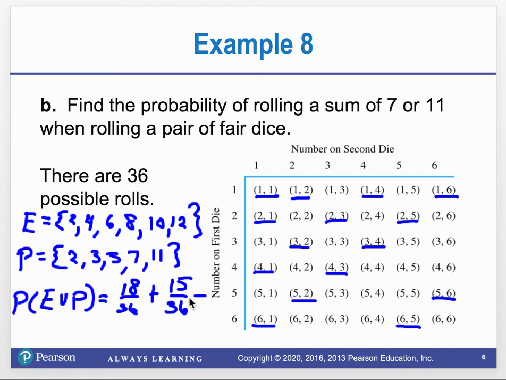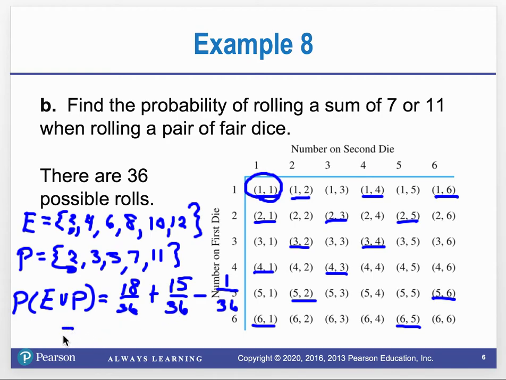Now I need to know if any of these numbers are even and prime. Yes, however many ways you can get a 2, and there's only one way you can get a 2, so I need to take that away because I counted that one right here and I counted it again right here.